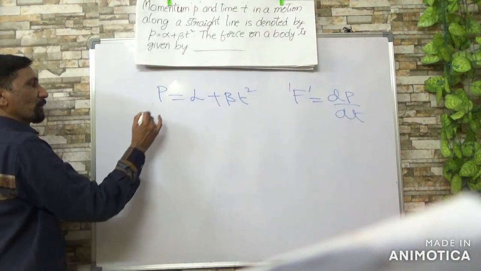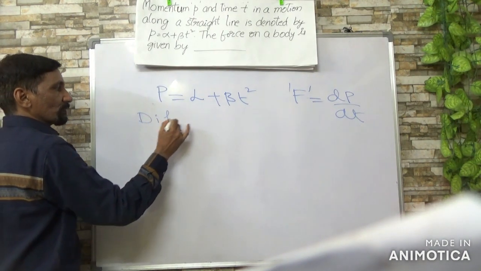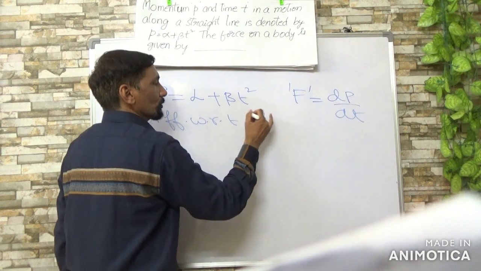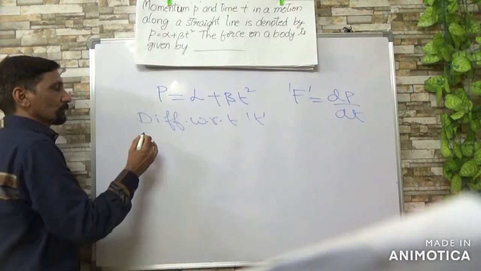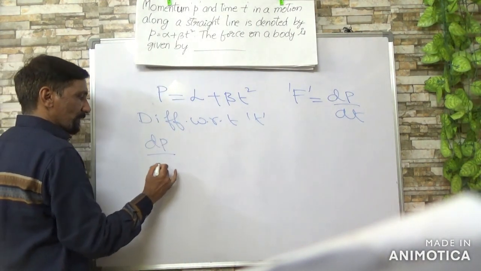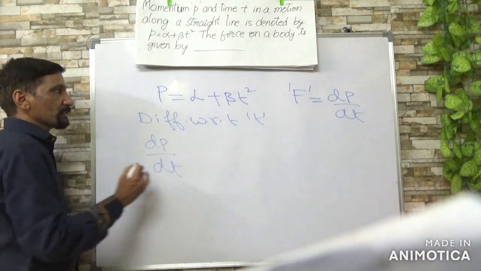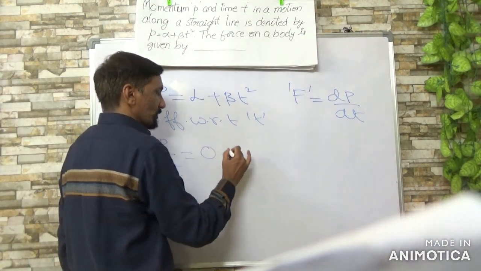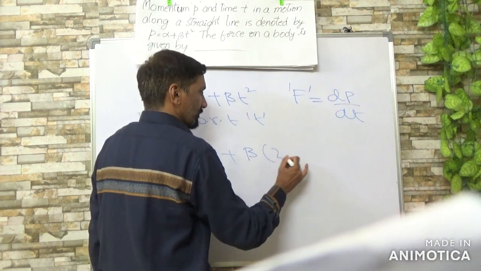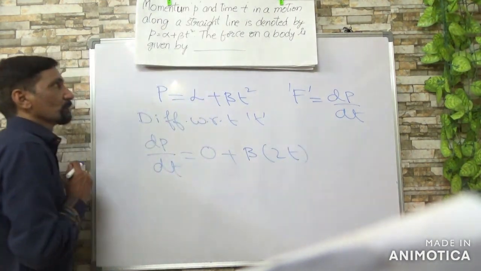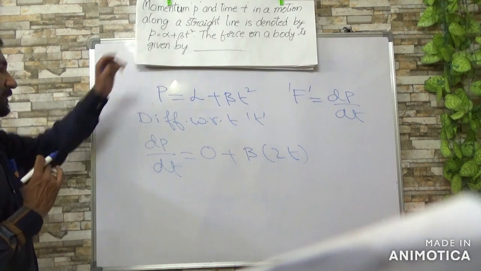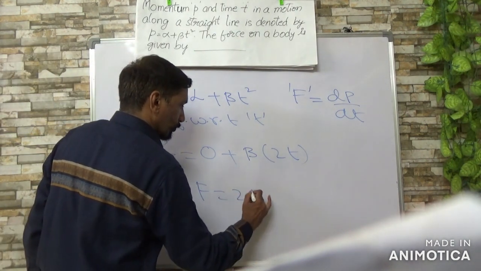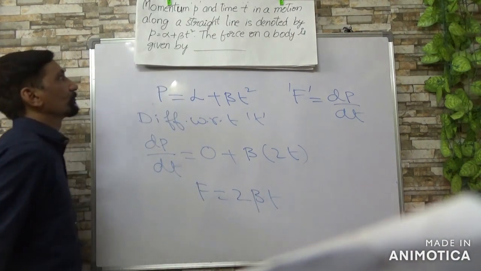So differentiating this equation with respect to time, dp by dt is equal to the differential value of constant 0 plus beta into 2t. So this is the force on the body, nothing but 2 beta t.